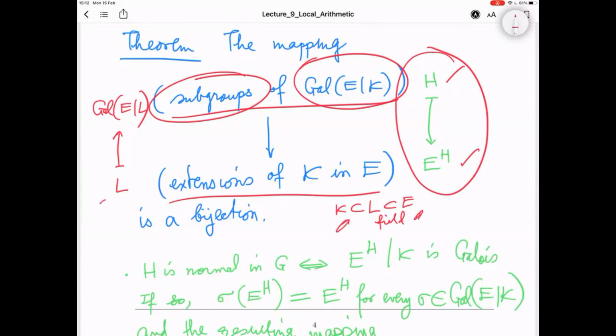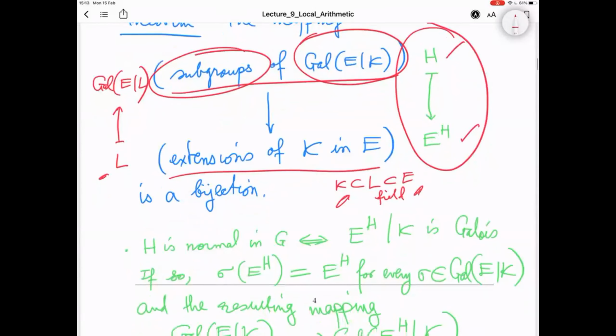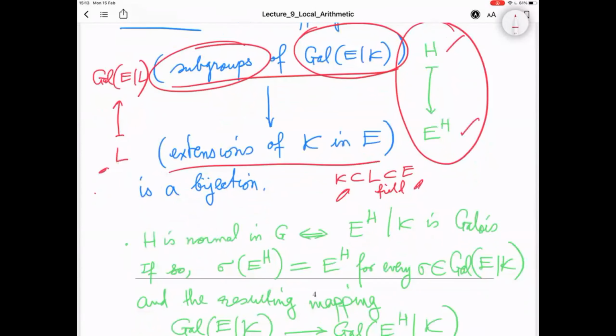Similarly, if you are given a fixed intermediate field, then one can check that E over L is going to be Galois. So the diagram, maybe I should draw it here. You have your E here, L and K. Suppose you have something in between, an intermediate extension L, then one can check that E over K is Galois.